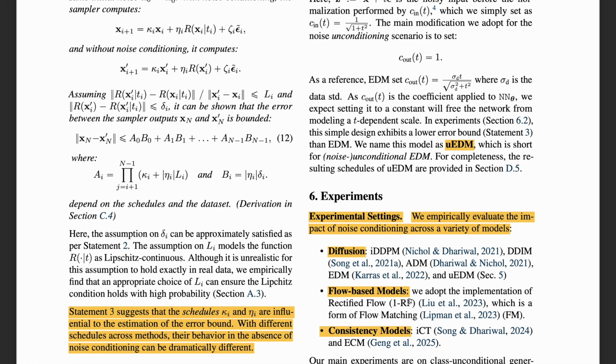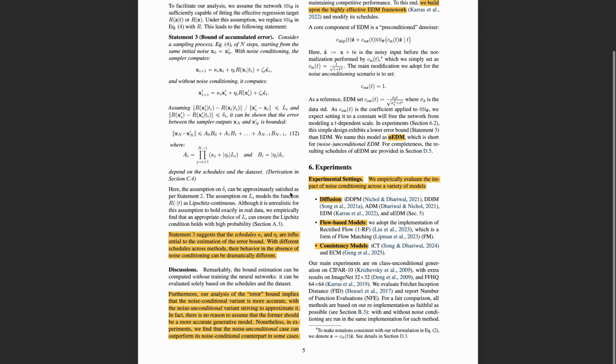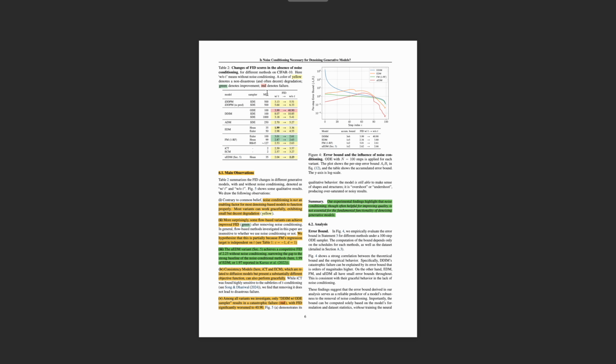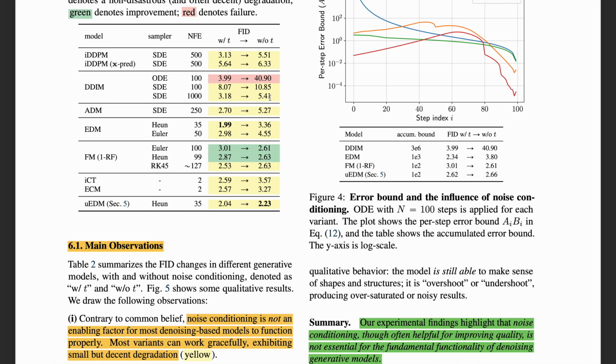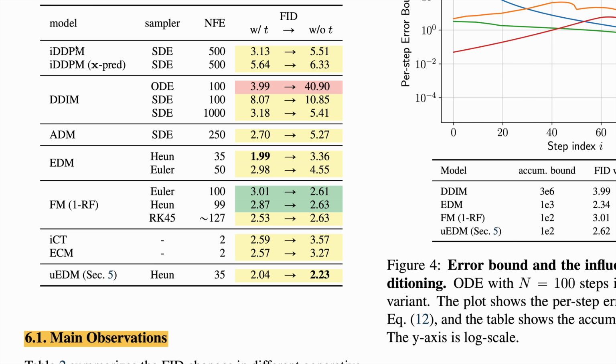They also try flow-based models, such as Rectified Flow, powering Stable Diffusion 3, and also consistency models. So maybe we can have a look at the table on the next page. You can see all the different models with and without noise conditioning.